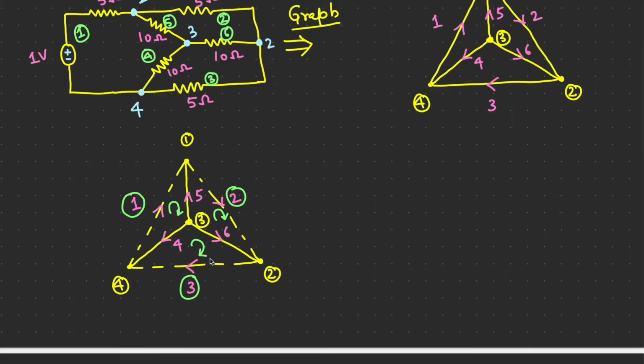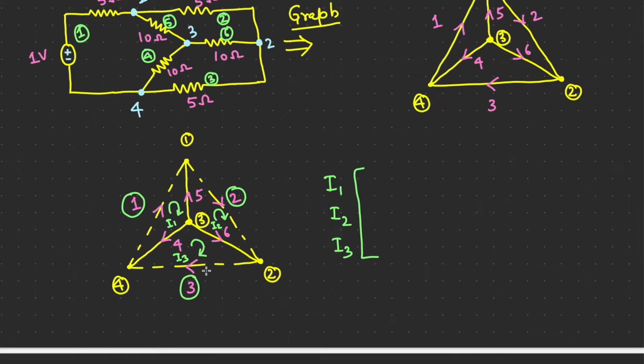To write the tie-set matrix, we will be taking these loop currents on the left hand side as I1, I2, and I3, where I1 is the loop current here, similarly the loop current here is I2 and the loop current here is I3.